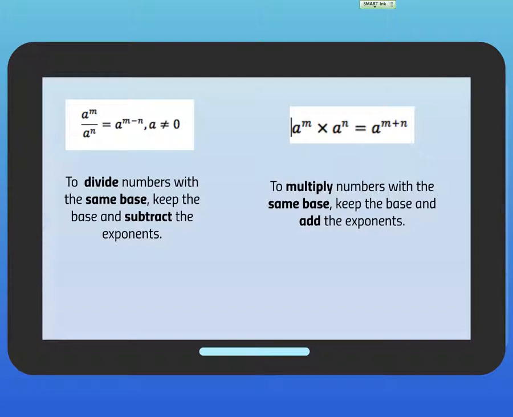To divide numbers that have the same base, you keep the base and subtract the exponents. In our general example, if I've got a to the m power over a to the nth power, those are the same bases. They both have a as the base. To write it as a single power, I can subtract those exponents, so I end up with a to the m minus n power.